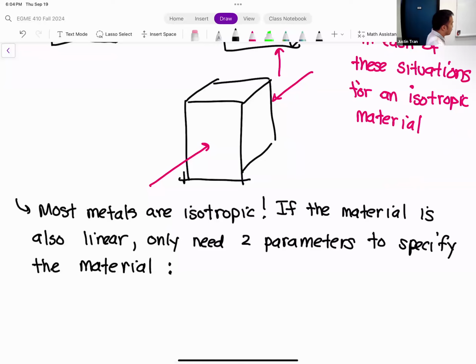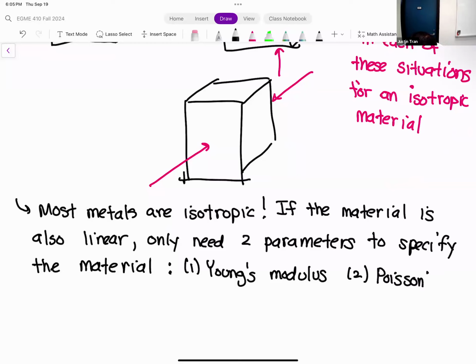And there are two parameters we've already talked about. One is the Young's modulus. Two is the Poisson's ratio. And then other properties like the shear modulus, and another property called the bulk modulus, are computed directly from those two.